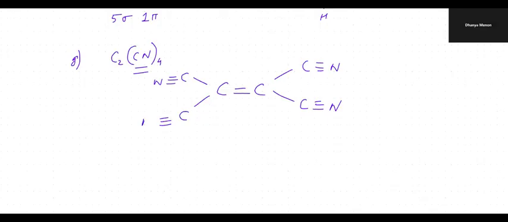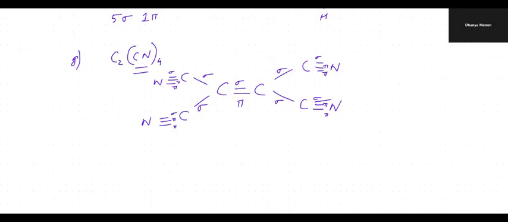So wherever there is single bond, sigma bond, here sigma, 1 pi. Here there's a triple bond. So sigma and 2 pi bonds. Sigma, 2 pi bonds. Here there's a sigma and pi bond. Sigma and pi. Okay, here just to count the number of sigma and pi bonds.